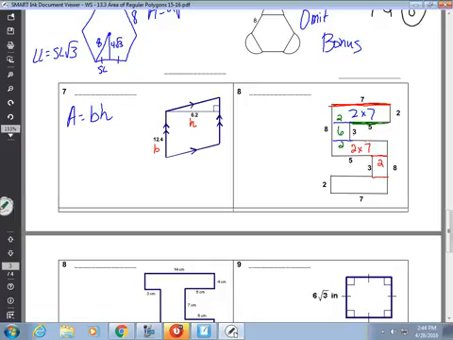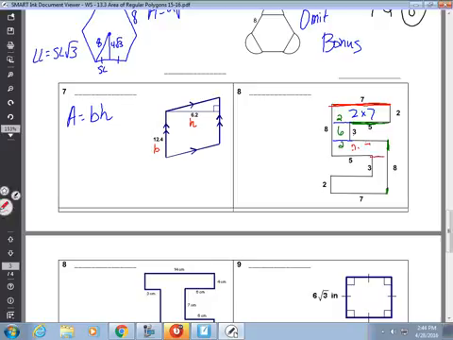I'm looking at the right side here. This is 8. And make sure I did that. That's 5. Oh, wait a minute. It's not 2 by 7. It's 3 by 7. Sorry about that.